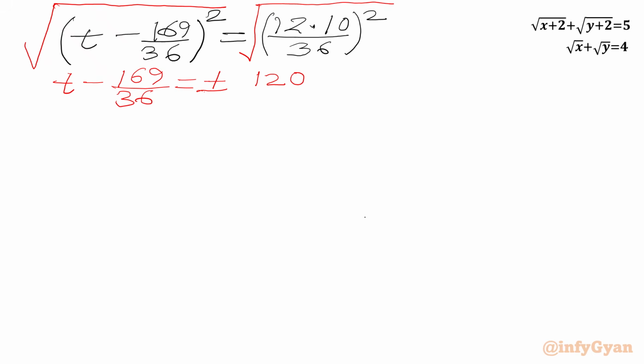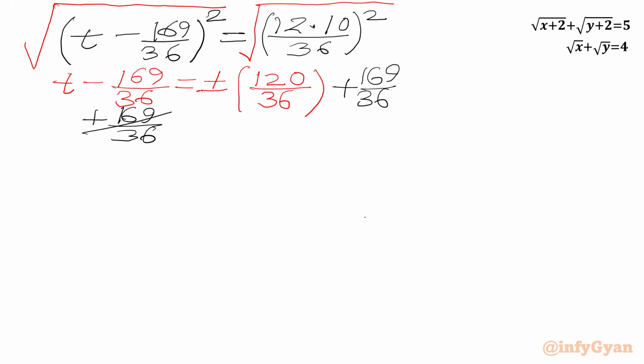So let me write 120 over 36. So in the RHS we'll write plus minus 120 over 36. Now we have to only add 169 over 36 on both sides. So we'll write 169 over 36 in the RHS.